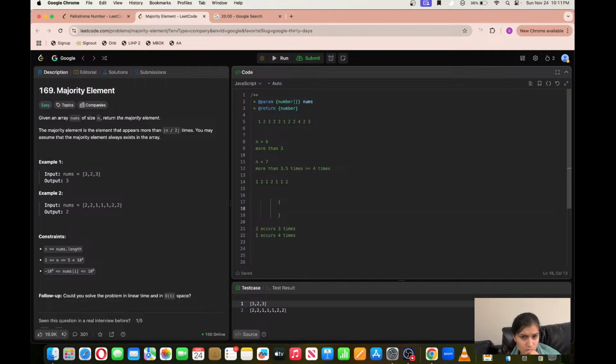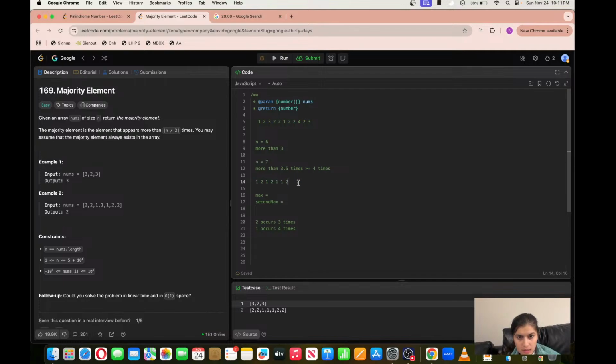Or maybe what I can do is, one thing I can do, I can just keep track of 2 numbers only, maximum and second maximum. Okay, so I can just keep track of one number only.